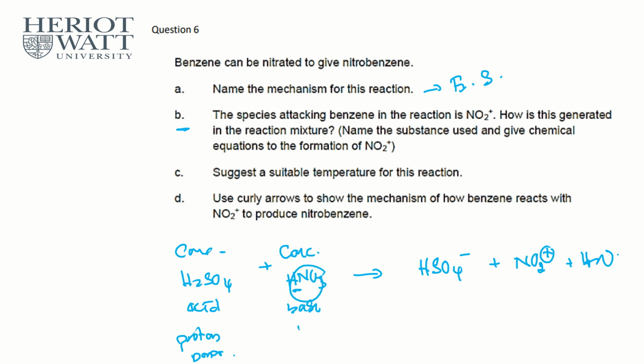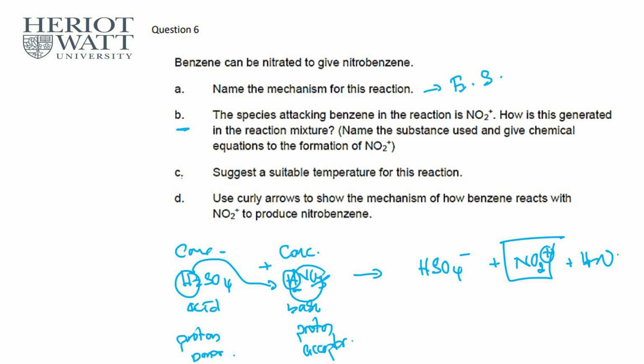So this is in a way a proton acceptor. Of course, it's not that obvious, but the H from here will combine with the H, you have H2, take one O from here, you get H2O. So it's still a proton acceptor anyway. So that's how you generate this NO2 positive. So this is the equation they want.